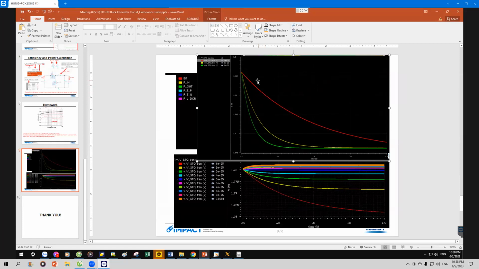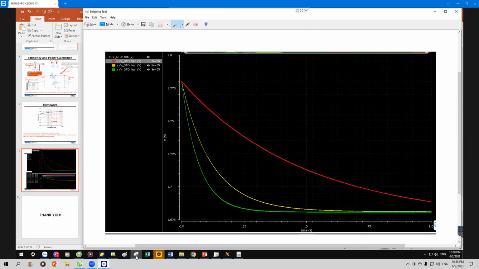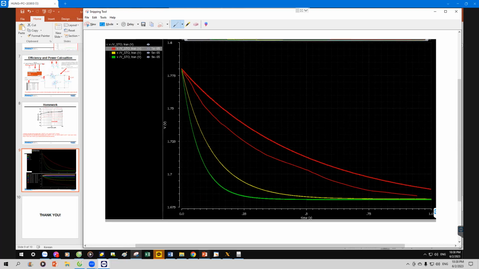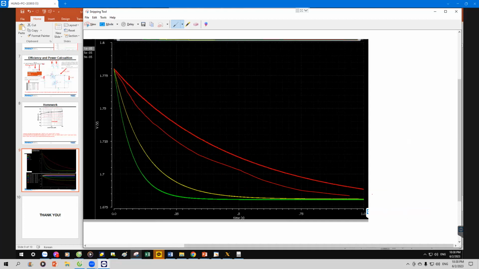Do you see it? Your case is steeper, I think, right? So you might need a longer time to run. Maybe 10 microwatts, maybe it will look like this. So you might need to run more and more.